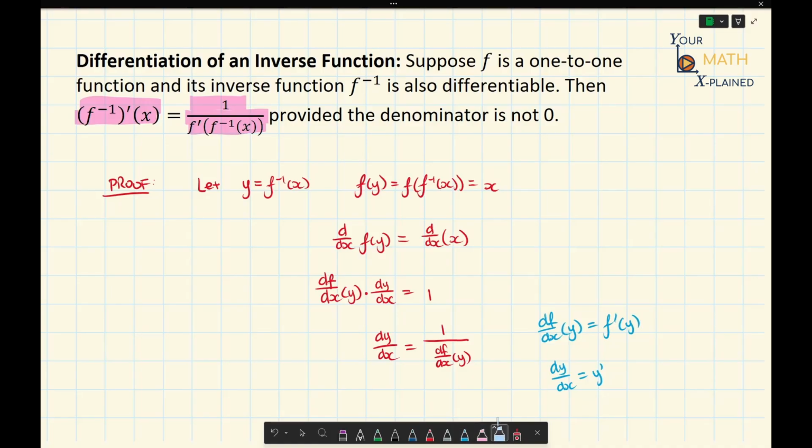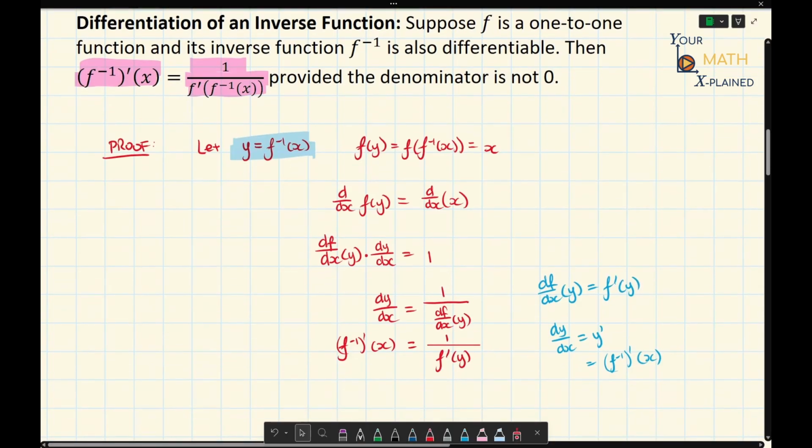But remember, we set y to be equal to f inverse of x, which means this is just equal to the derivative of f inverse of x. So therefore, substituting all of these in, we end up with the left-hand side is the derivative of f inverse of x is equal to 1 over f prime of y.